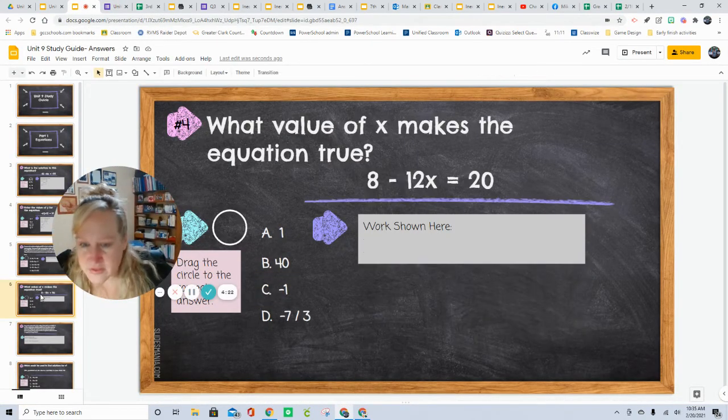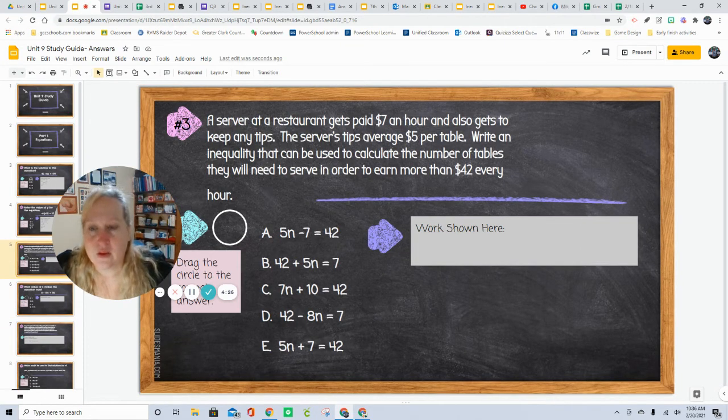Next problem that we see. Uh-oh, wait, did I skip one? Yeah, skipped one. A server at a restaurant gets paid $7 an hour and also gets to keep any tips. So that's $7 an hour plus tips. The server's tips average $5 per table. Write an inequality that can be used to calculate the number of tables they will need to serve in order to earn more than $42 every hour.